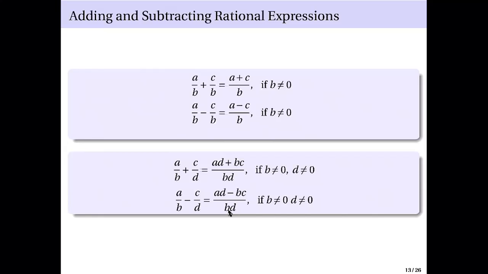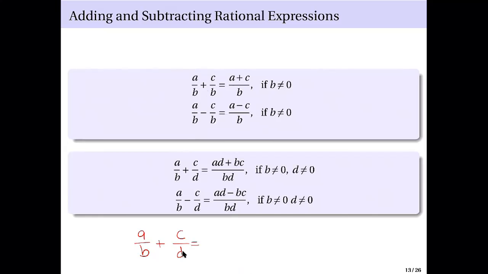Okay? Now, to see this easily, or for you to remember this easily, you have your A over B plus C over D. You want to have the same denominator, so you can apply this expression here. Okay? So you have a denominator B here.